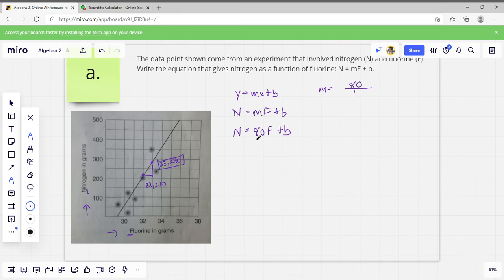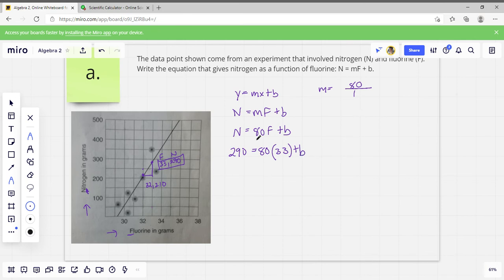So our n value is our y. That's our n value right there, and that's our f value. There's fluorine going this way. So it's 33 for fluorine. So our n value is 290 equals 80 times 33 plus b.